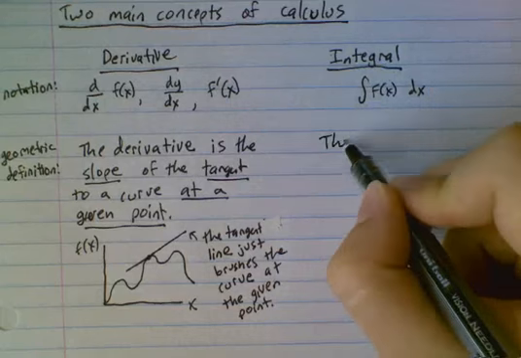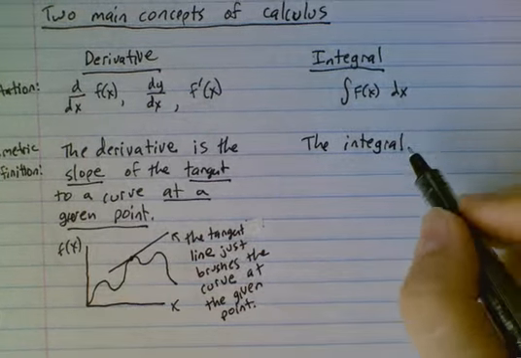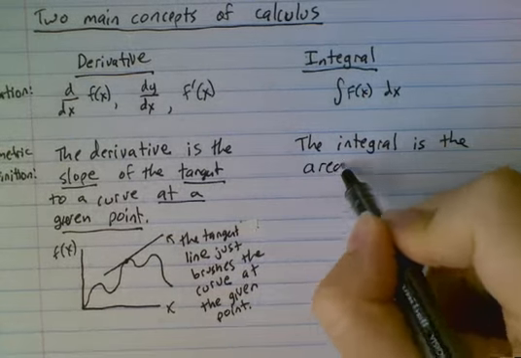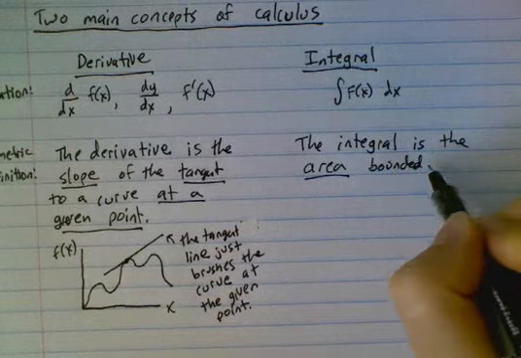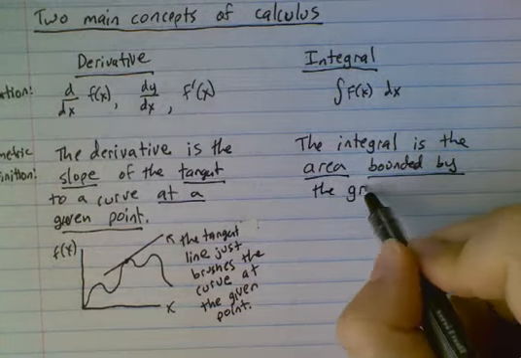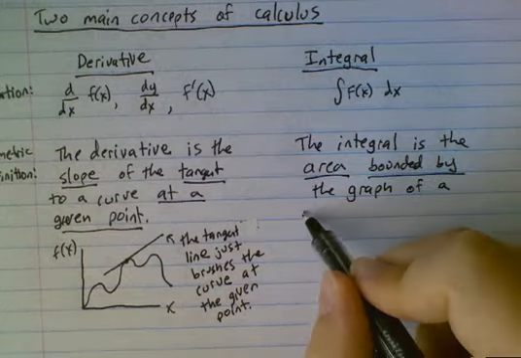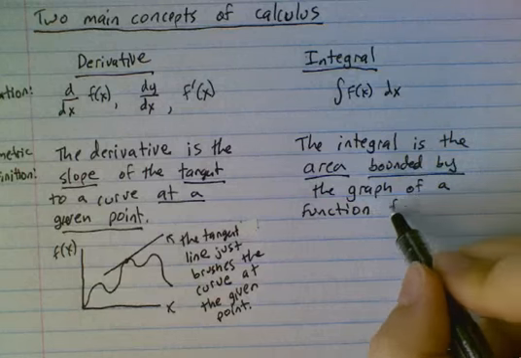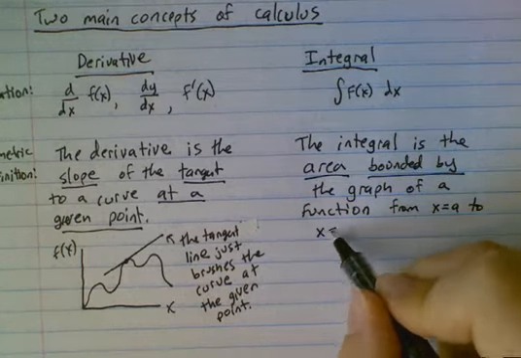The integral is the area, so this is area instead of slope, bounded by the graph of a function from x equals a to x equals b.